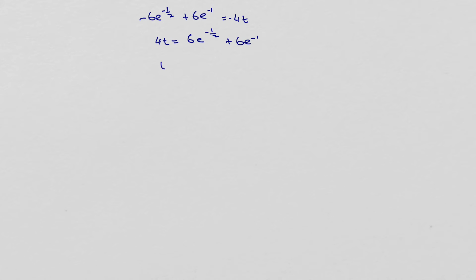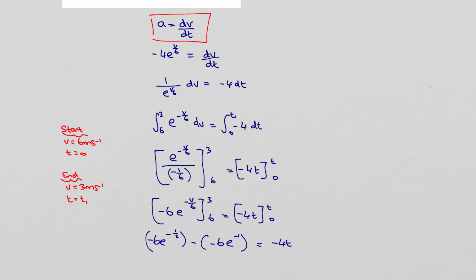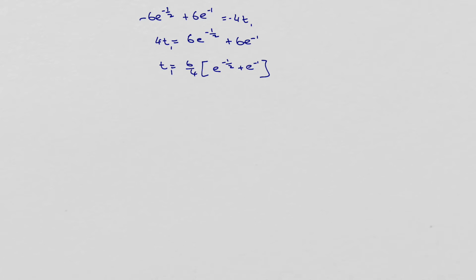I can take out 6 as being common and divide across by 4, which leaves me with e to the power of minus a half plus e to the power of minus 1. Therefore t1 is equal to 3 over 2 times that. E to the power of minus a half is 1 over the square root of e, and e to the power of minus 1 is 1 over e.